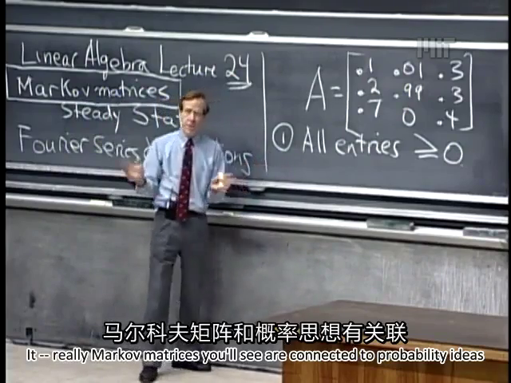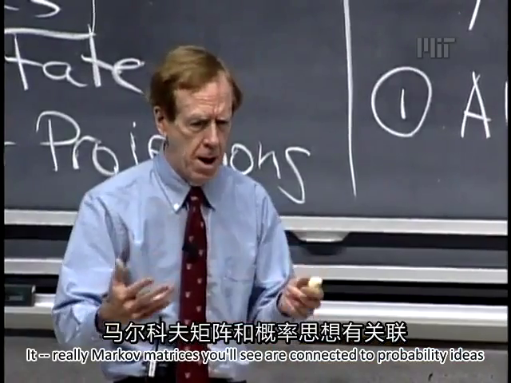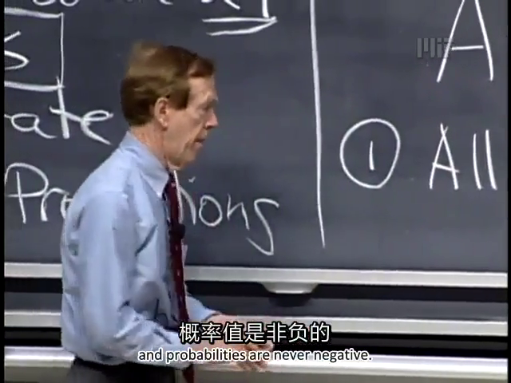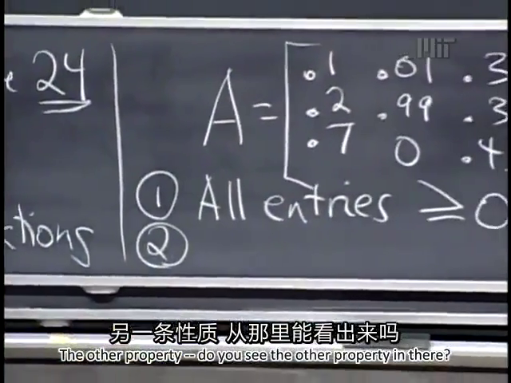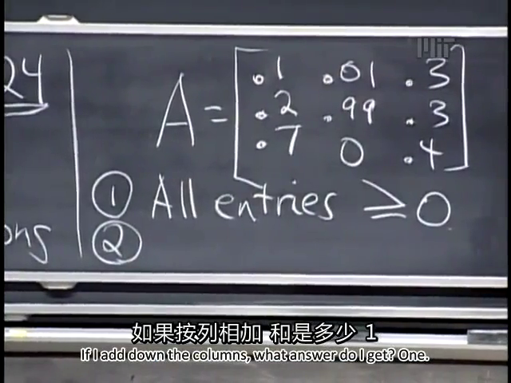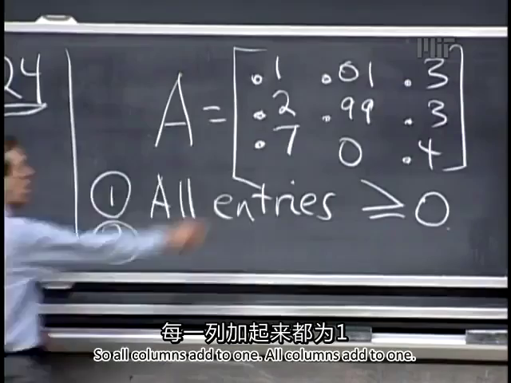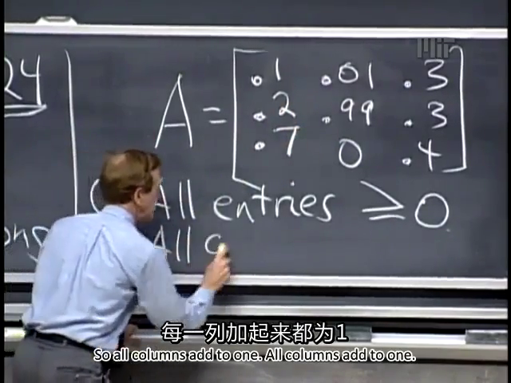Really, Markov matrices, you'll see, are connected to probability ideas, and probabilities are never negative. The other property, do you see the other property in there? If I add down the columns, what answer do I get? 1. So all columns add to 1.